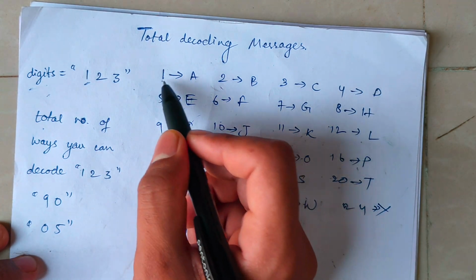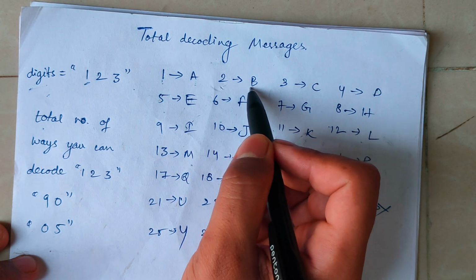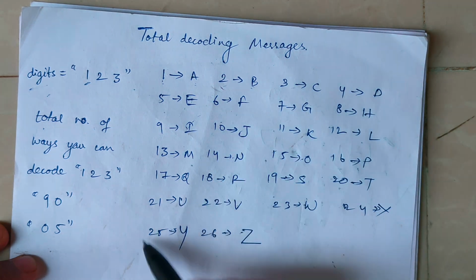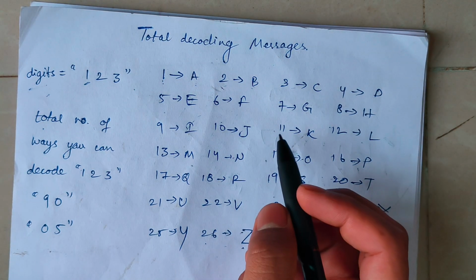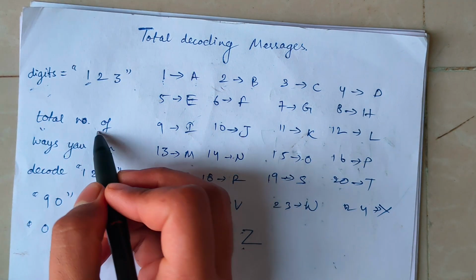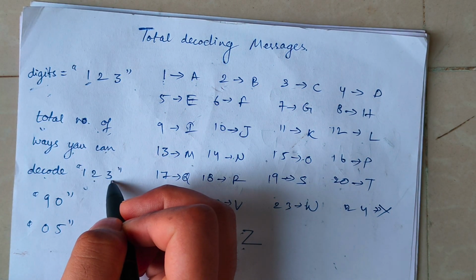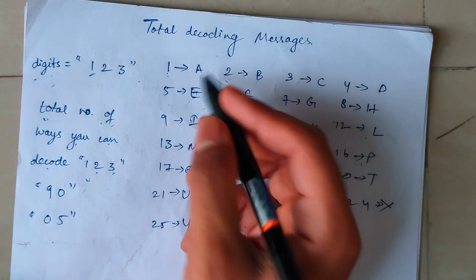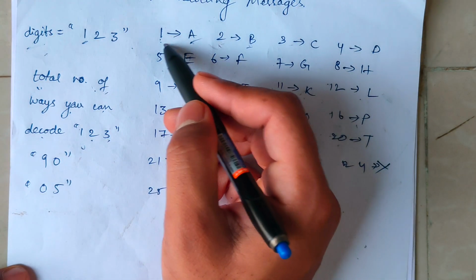Like here, 1 is mapped to A, 2 is mapped to B, 3 to C, 4 to D, and up to 26 is mapped to Z. And what we need to find is the total number of ways you can decode 123 using these characters and these mappings.